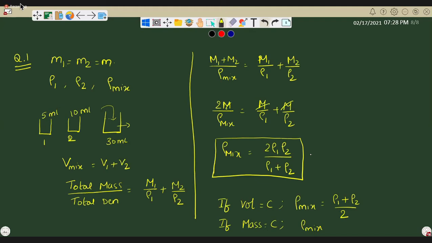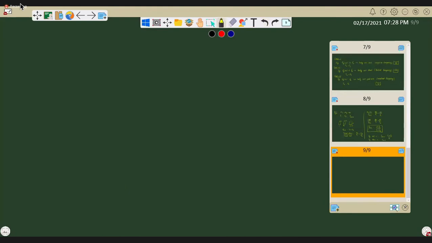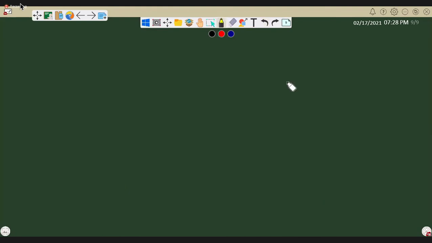See, I am telling you once again, whenever you have a doubt, picture your problem like this, okay? That will be very easy. As such, fluid statics is that's all.